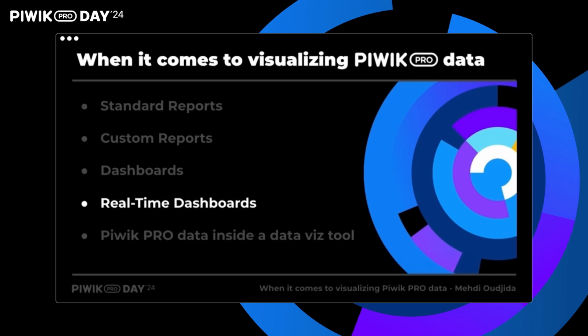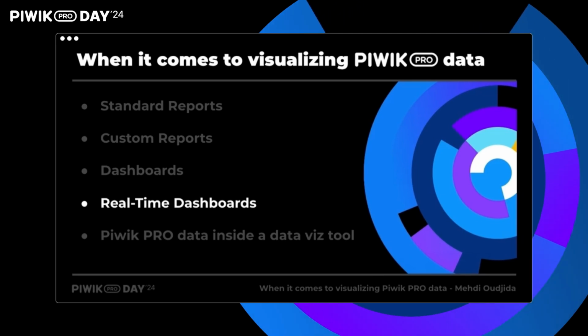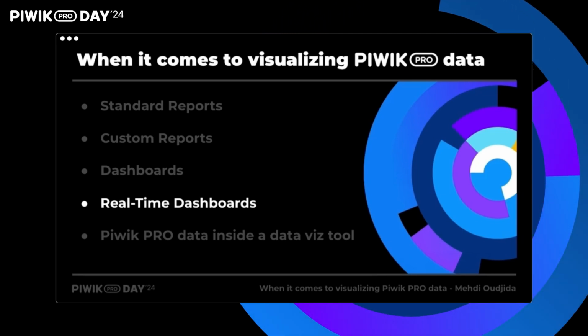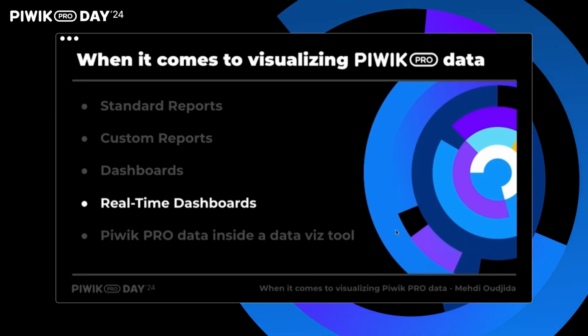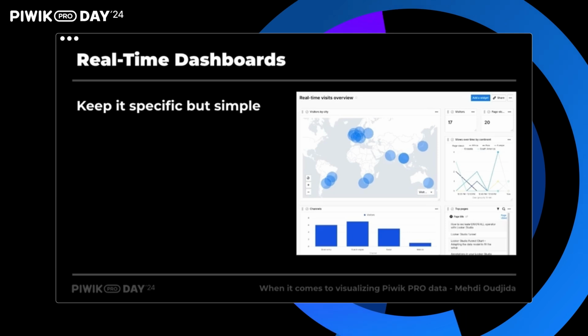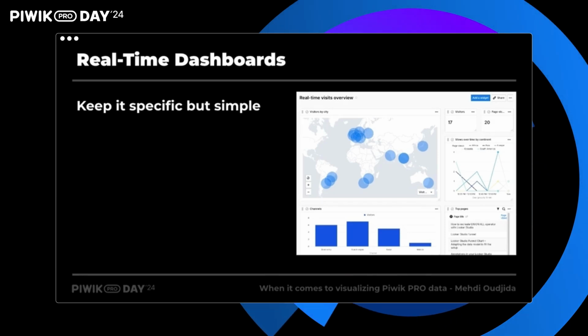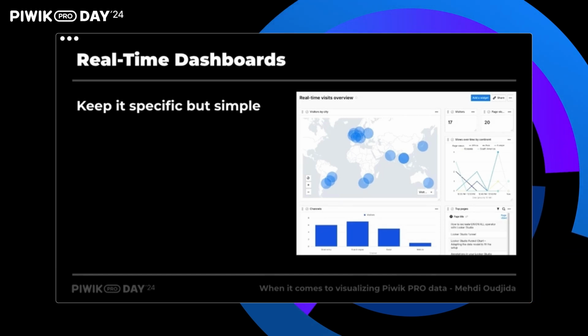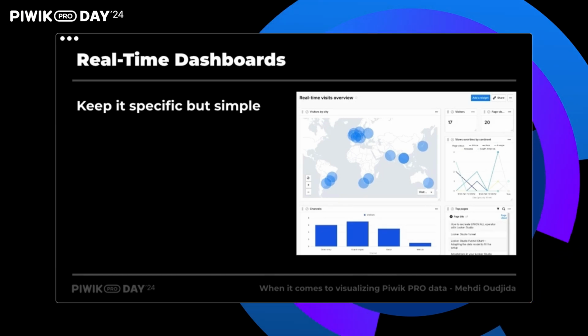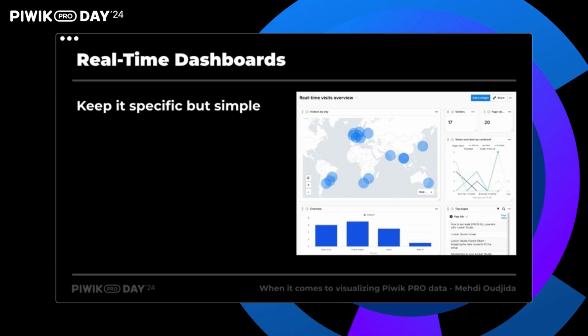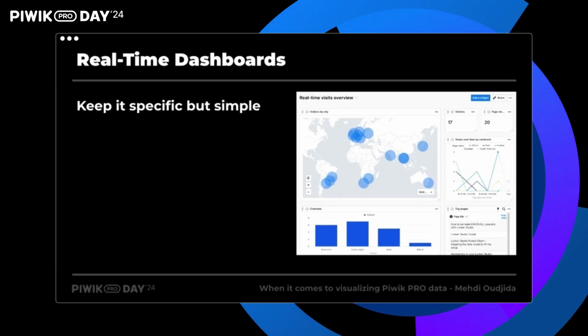And it's time to talk about real-time dashboards. So the new features available in Piwik PRO. I love these features because mostly it helps to be specific, and it's even more important when it comes to real-time dashboards. Basically, because I think that if a dashboard is not specific, it's maybe dangerously just a gadget.